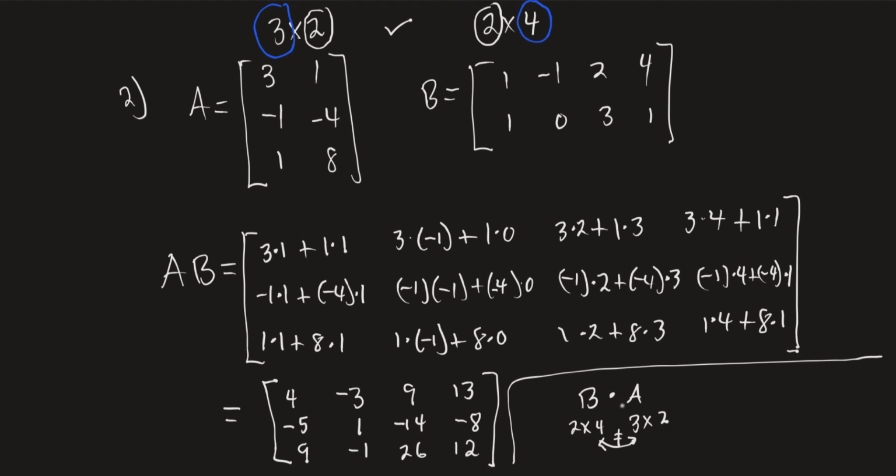So this is undefined. And it's not just that the dimensions are different, because look, these dimensions are different. What matters is that the number of columns in the first matrix must equal the number of rows in the second matrix. That's not the same here, so this is undefined.